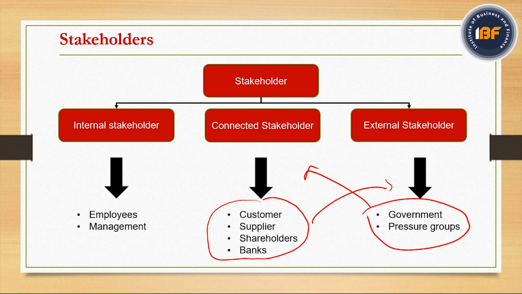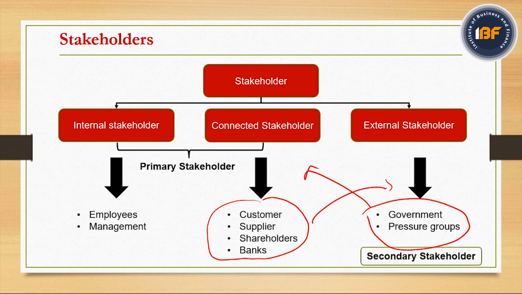It will be good while revising the topic. Now, internal and connected stakeholders are known as primary stakeholders. External stakeholders are known as secondary stakeholders.